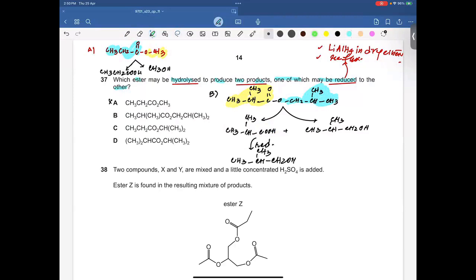They are the same. So the right answer is going to be B. Okay, so if you reduce this product, it will turn to this one.